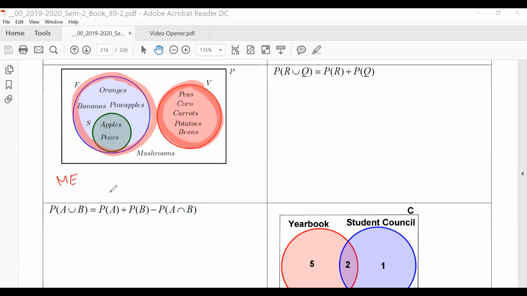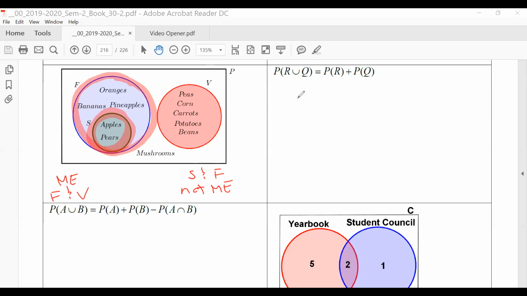However, if we're looking at these sets right here, whatever the heck set S is, why I called it S, I don't really know, S and F are not mutually exclusive. So F and S are not mutually exclusive, but F and V are. So it depends what we're looking at there. I didn't define it very well.